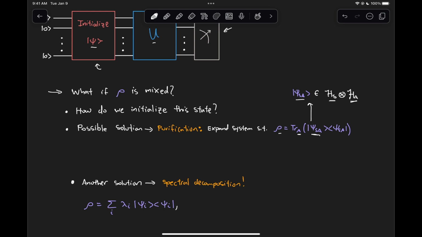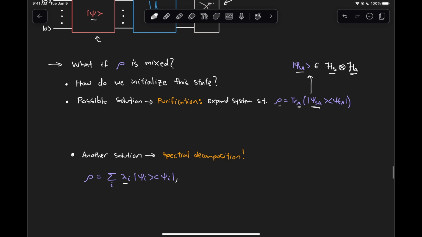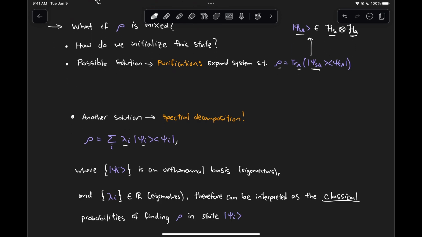Since ρ is a positive semi-definite operator, it will have a spectral decomposition with eigenvalues lambda sub i that are real. Here we have the sum of the outer products of these orthonormal states psi sub i that form a basis, pre-multiplied by some lambda sub i's that, if they're always positive, can be interpreted as classical probabilities of finding the state ρ in the state psi sub i.